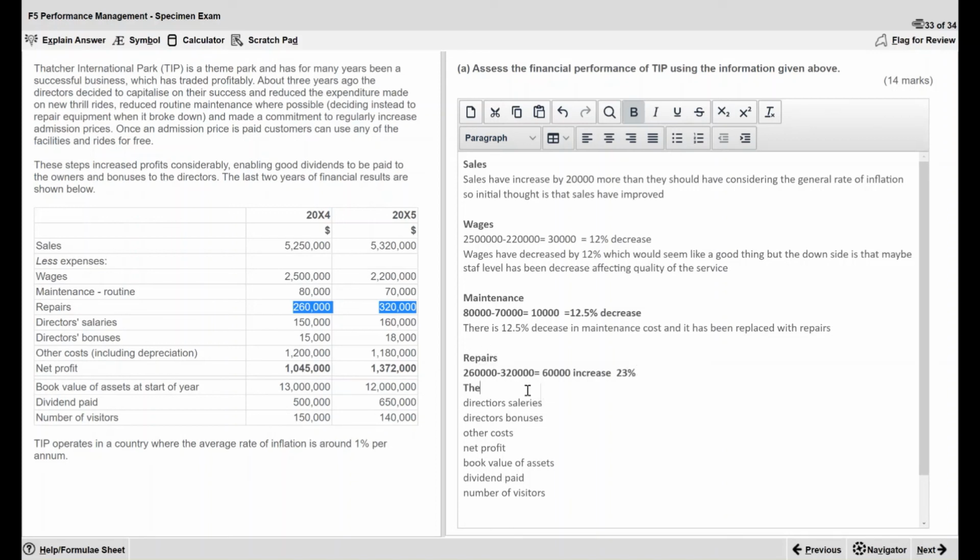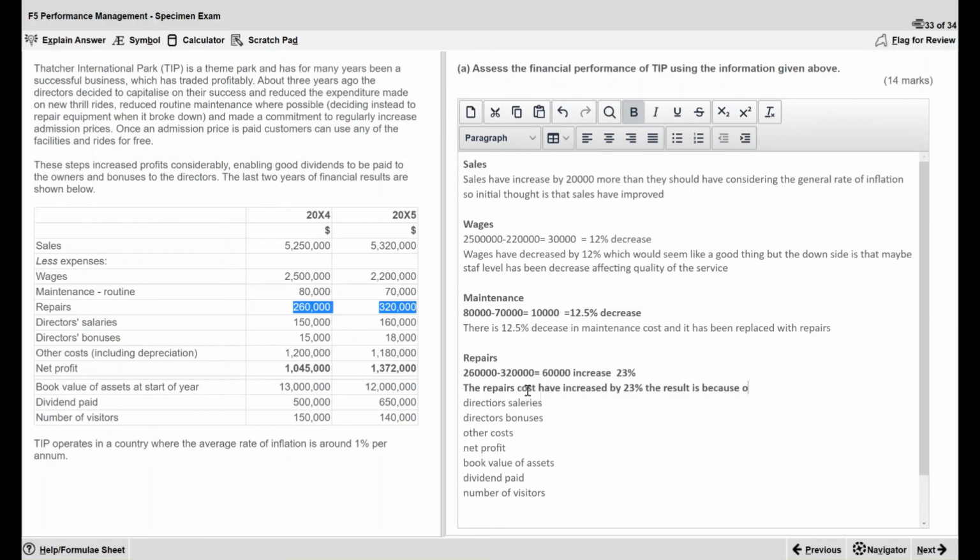Okay, the repairs cost has increased by 23%.